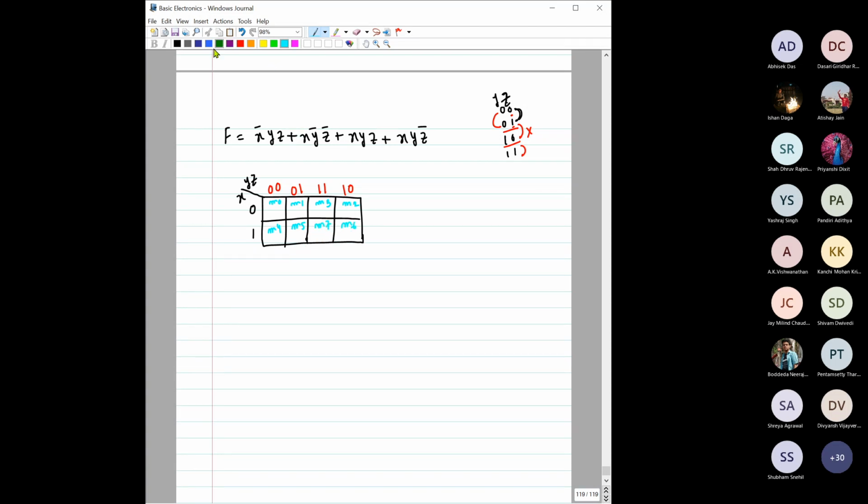So remember the numbering here: 0, 1, 2, 3, 4, 5, 6, 7, but this one is 2, not 3. The numbering has changed. Now follow this same technique and see, can we minimize this using the Karnaugh map?